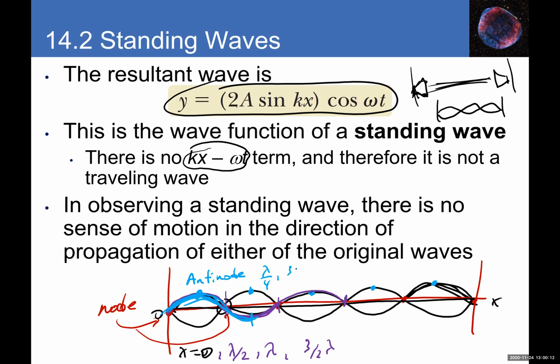So it's 3/4 wavelength, right? Because this is a quarter, this is half, and then this is three-quarters of the wave. And then the next one is right here, which is 1 wave and a quarter. So it becomes 5 wavelength over 4, and things like that.